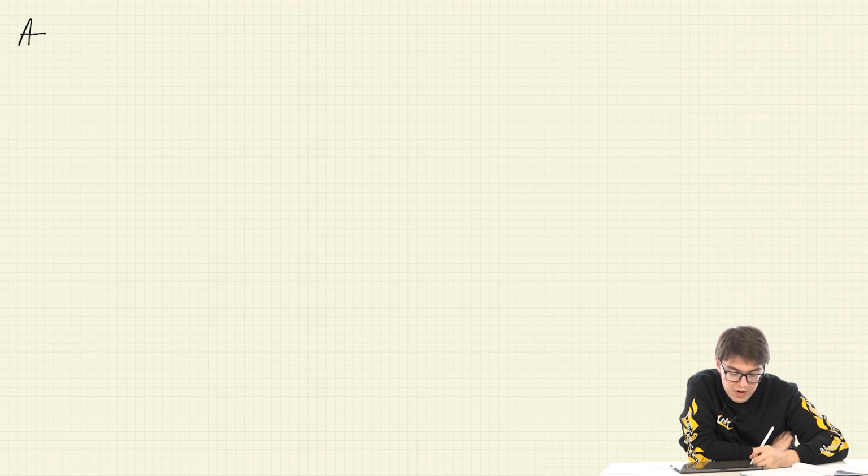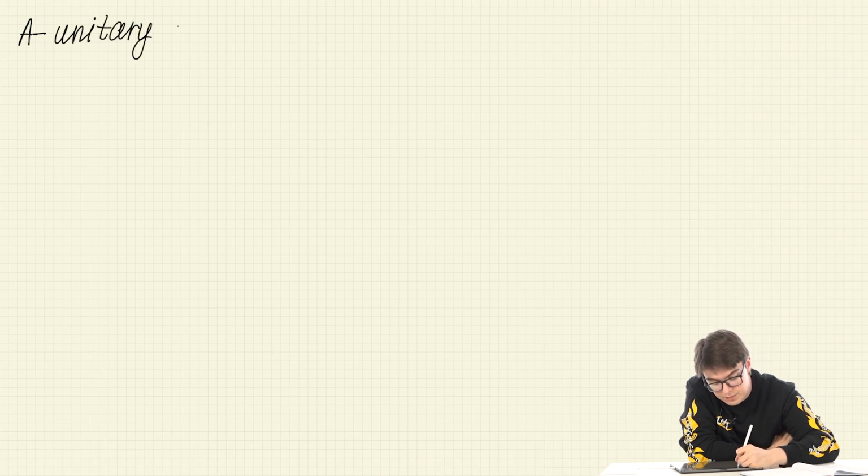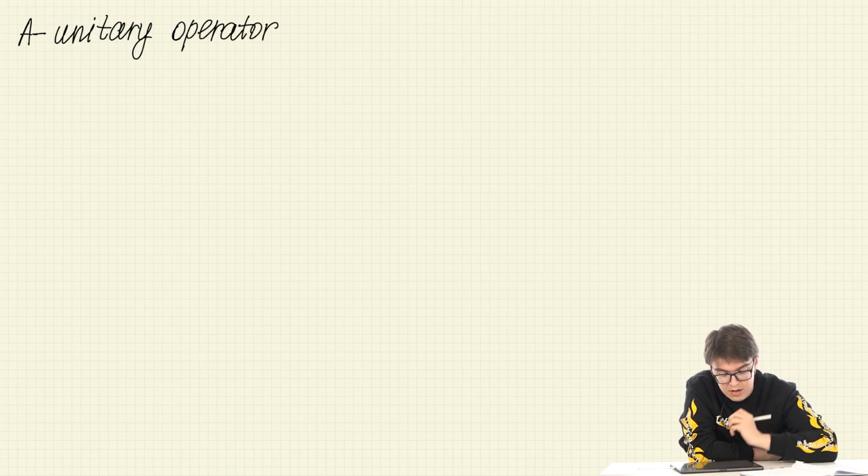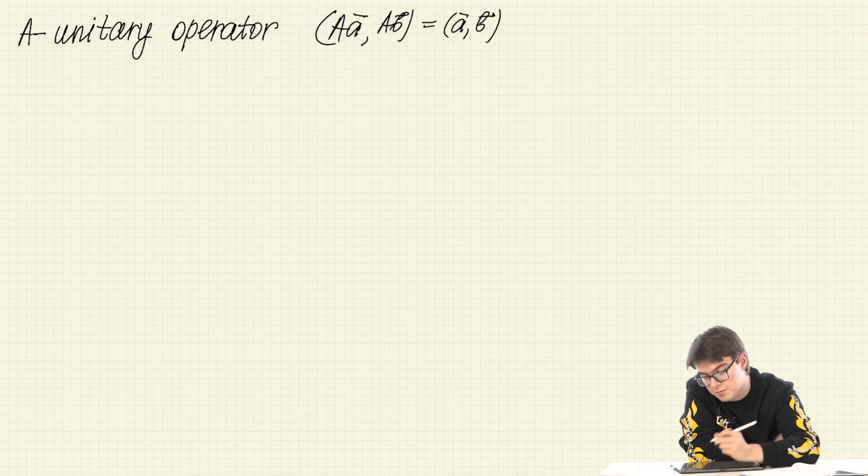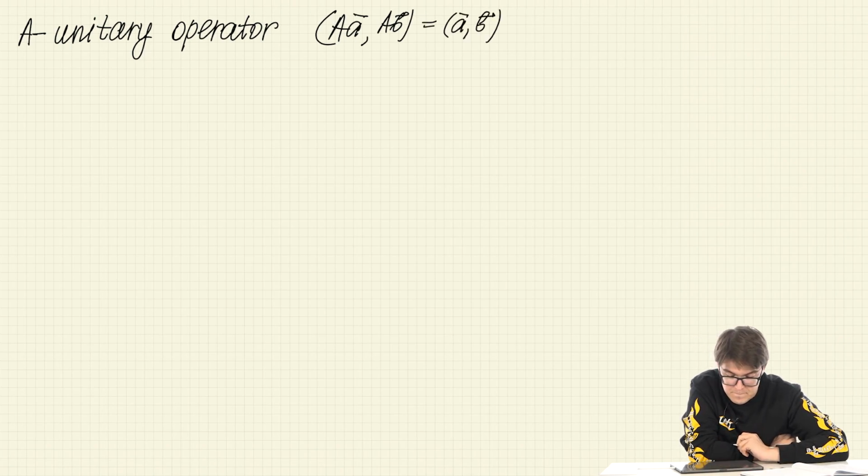So now A is called a unitary operator if it saves the scalar product of vectors, and it has a little bit different property.